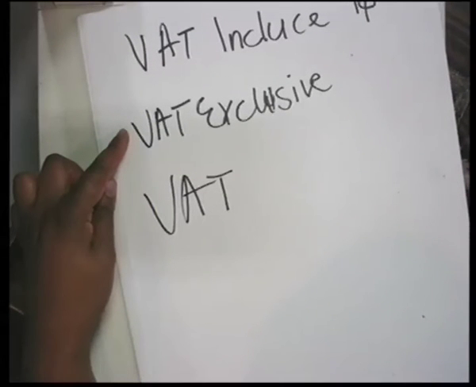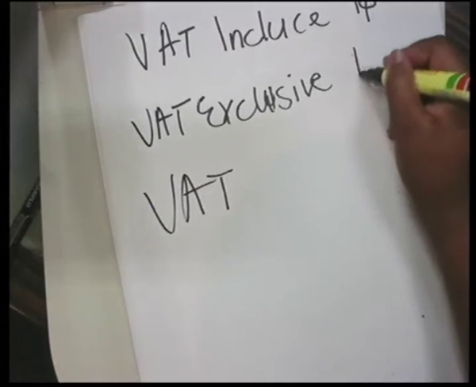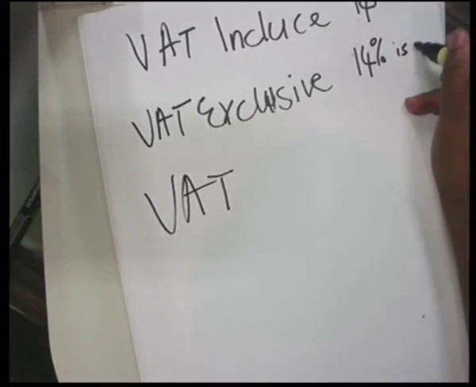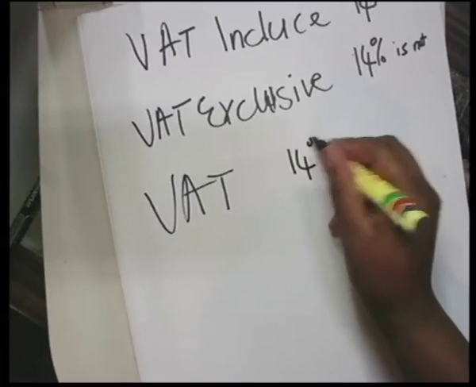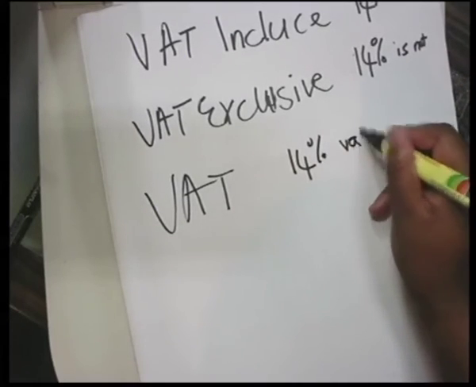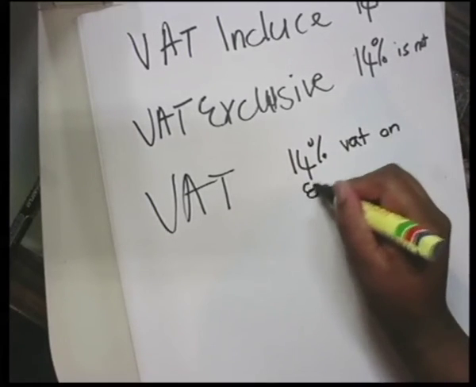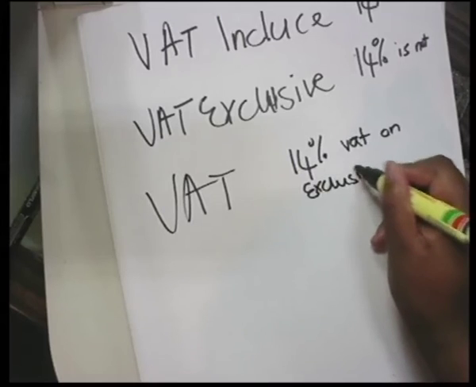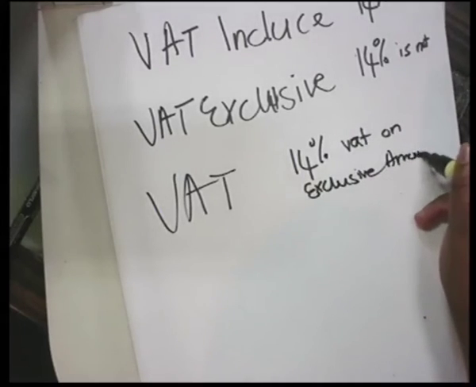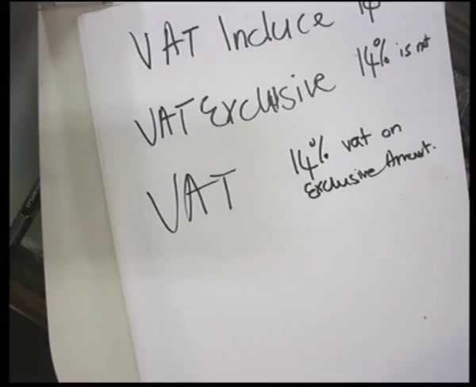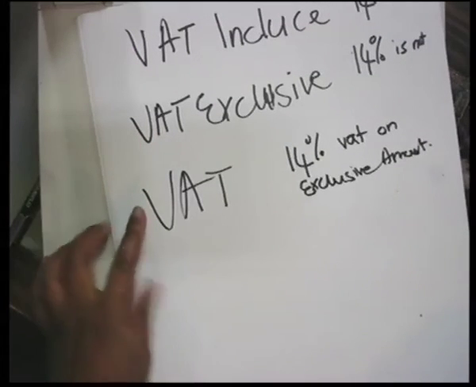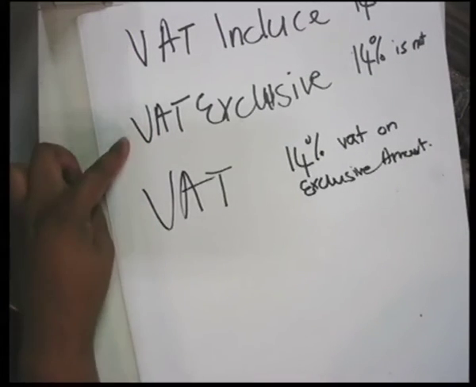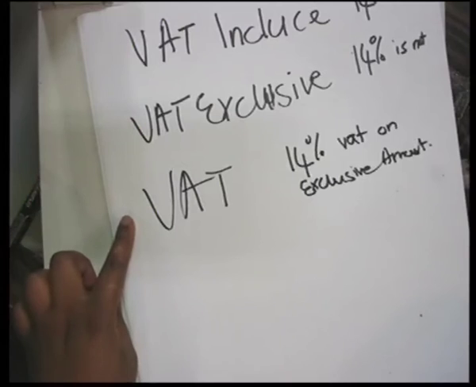Your VAT exclusive amount means your 14% is not included in this amount. Your VAT means 14% VAT on the exclusive amount. Very important that you know the three differences between each other and how they are calculated as well.